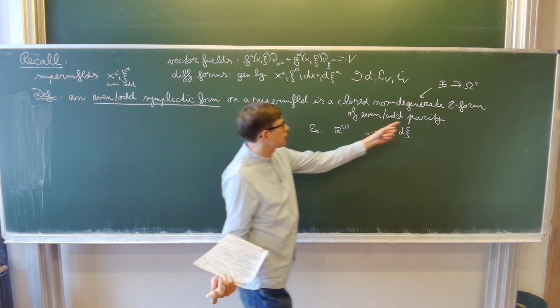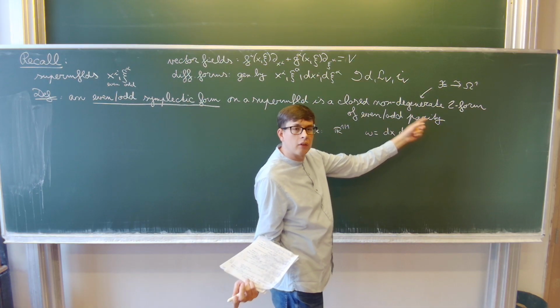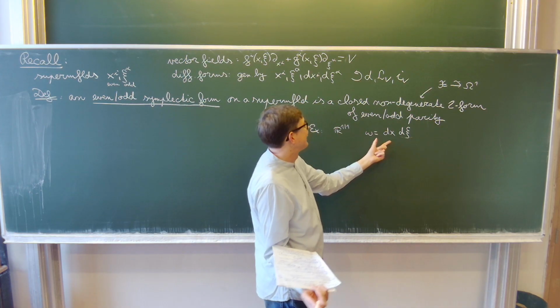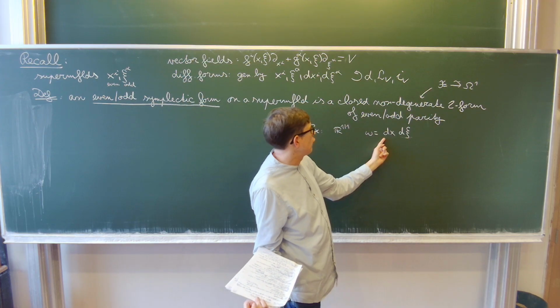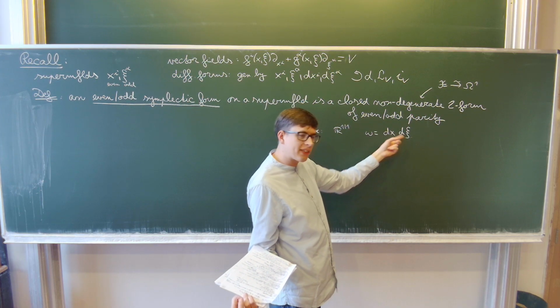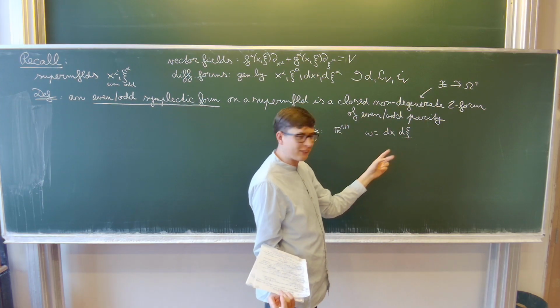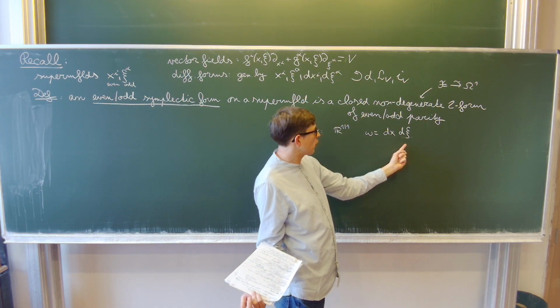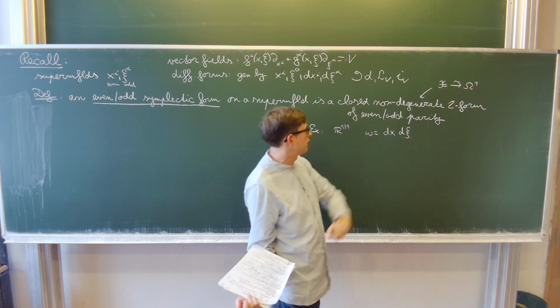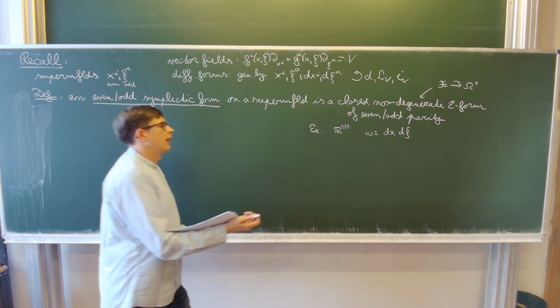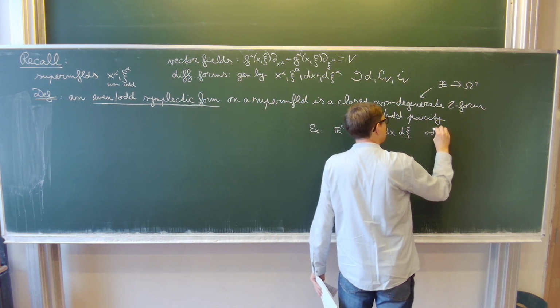Also because it's a two form, these carry some parity, but there are two of them, so they don't really contribute. So I can just count the parity of the coordinates: even plus odd, and this will be perfectly odd.